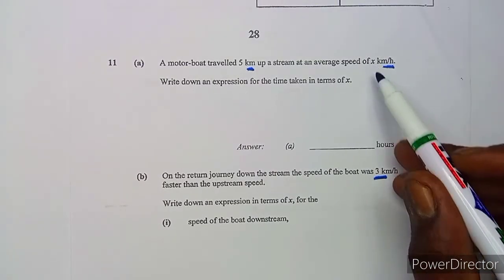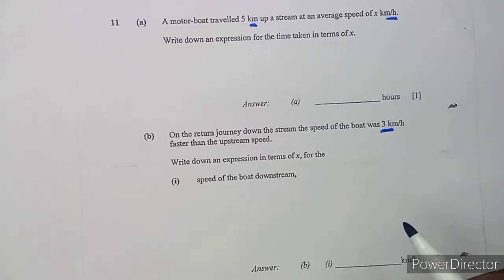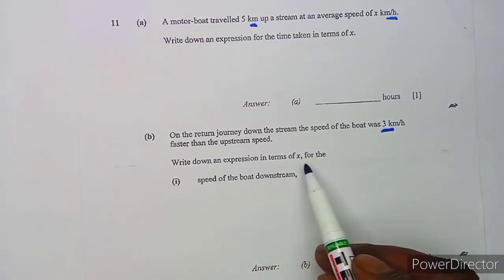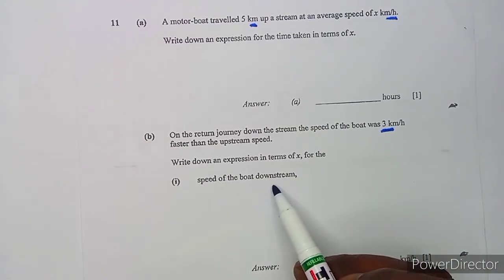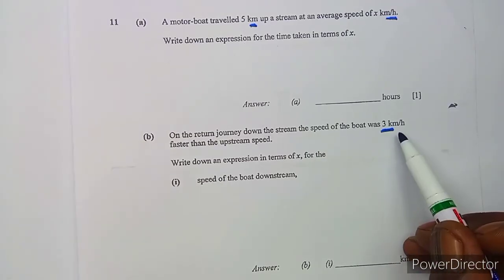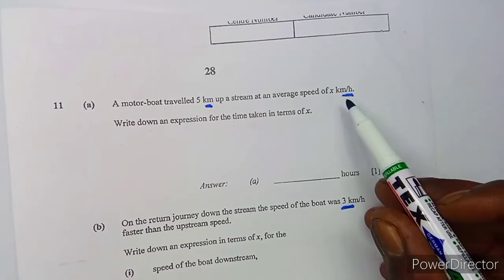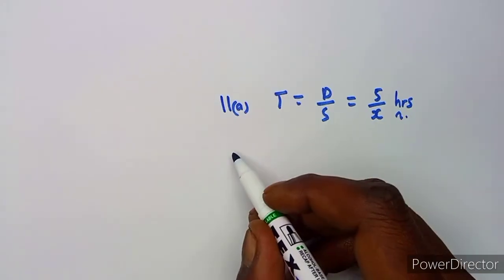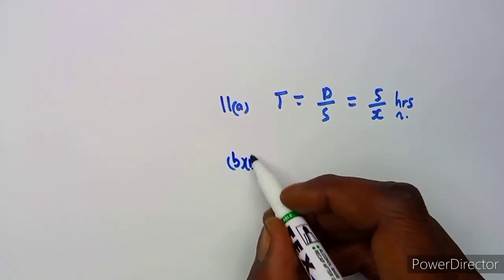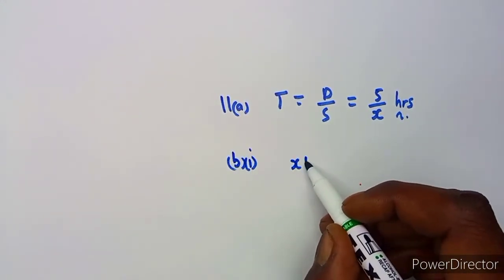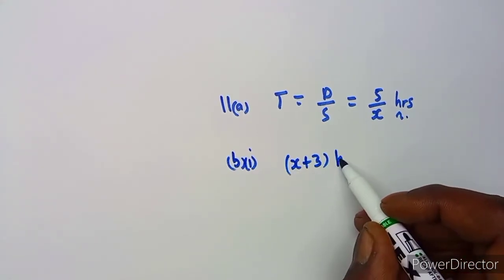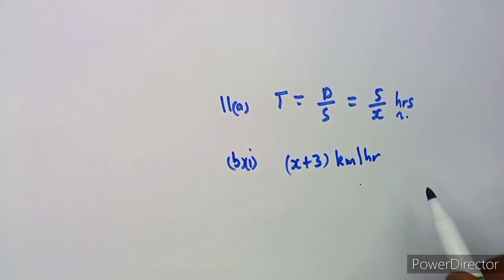So if it is 3 kilometers faster, we are going to add. The question is, write down an expression for the speed of the boat downstream. So this is B item 1, so it's going to be x plus 3. That will be your speed now in kilometers per hour.